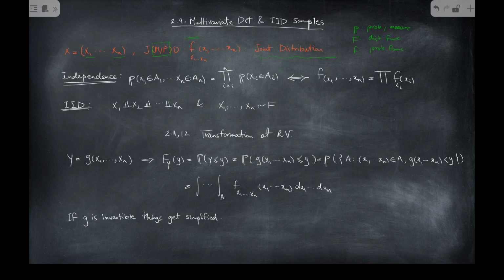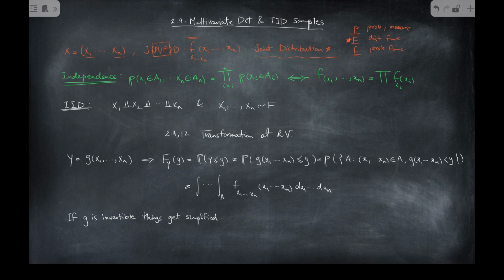Okay, so here it seems that distribution means CDF, but here when we say joint distribution, we mean PDF. So it's a little bit confusing. Just focus on the symbols. It's much easier to understand the meaning of the math if you focus on the symbol. So small f is for PDF, and capital F is for CDFs.